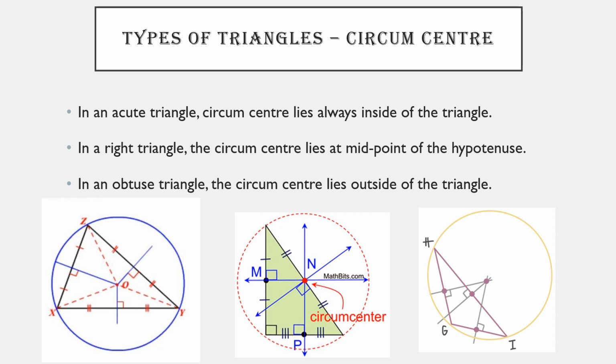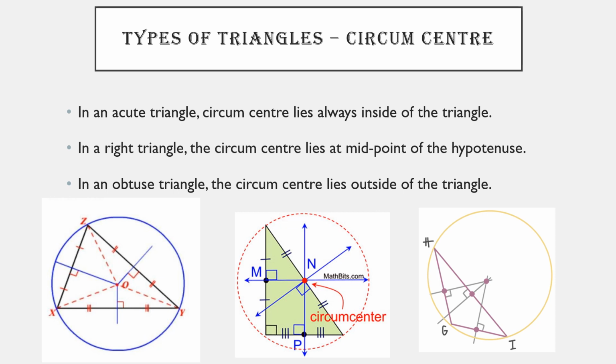So, once again, for a triangle, we can draw three perpendicular bisectors of the sides. A perpendicular bisector means the line which is perpendicular and passes through the midpoint of the side. We can draw three perpendicular bisectors for the three sides.